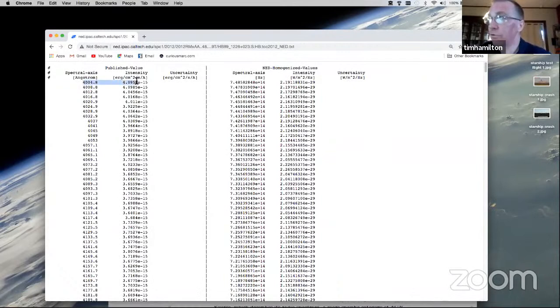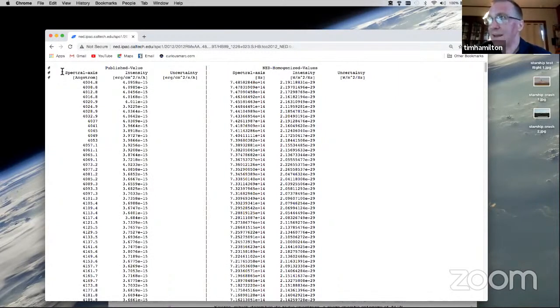I'm going to use this on the left. So we have the spectral axis, meaning the wavelength in angstroms. The intensity is the flux density: ergs of energy per centimeter squared of area per second of time, that'd be flux, and then per angstrom of wavelength, that's flux density. In many cases, but not here, you'll have the error or uncertainty in those intensity values, and you can use that to get error bars, but we don't have that for this.